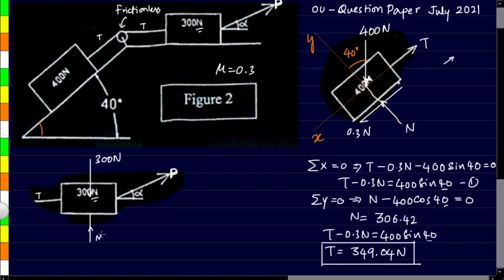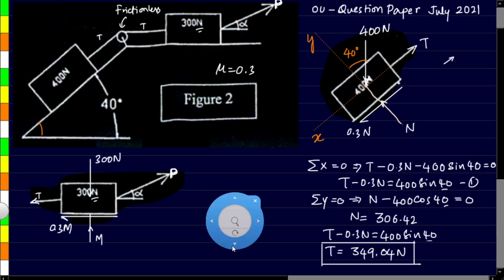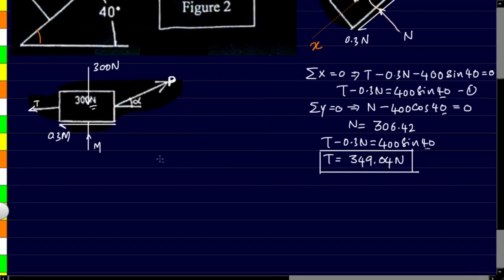Let us call it as M. Friction will be acting on the left side because the object itself is trying to move towards the right. So this will be 0.3 times M. And of course, the tension T, which is acting on the string, will be same as what we found in the previous step.